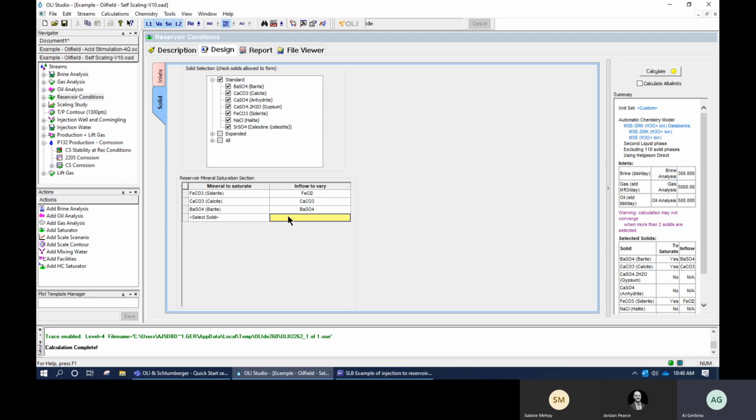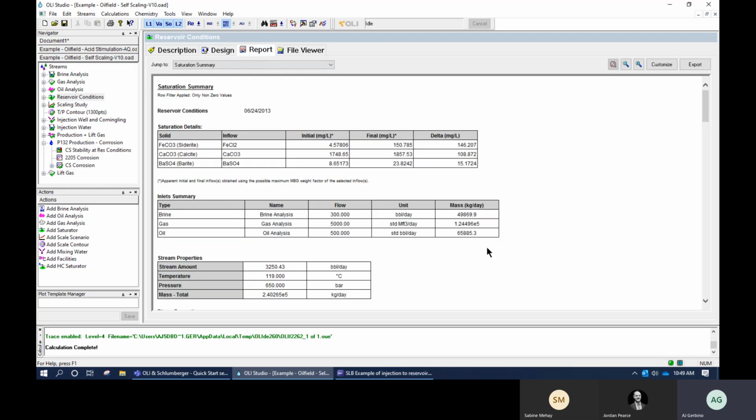And what the software is going to do is actually adjust the iron, calcium, barium, sulfate, carbonate, and chloride concentrations that were given in the brine analysis so that these minerals are in equilibrium with the multi-phase fluid that exits the reservoir.